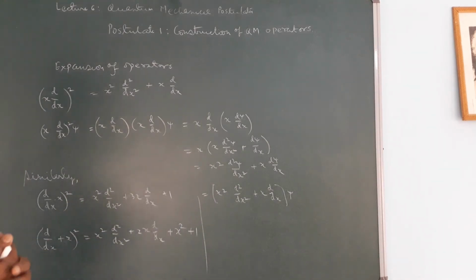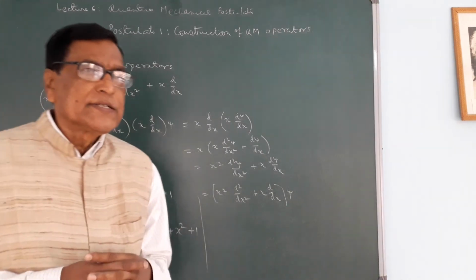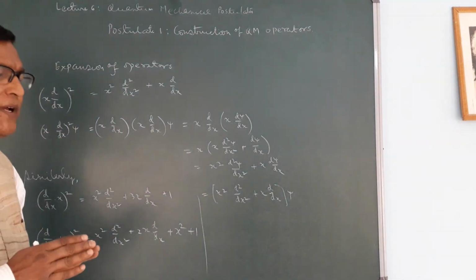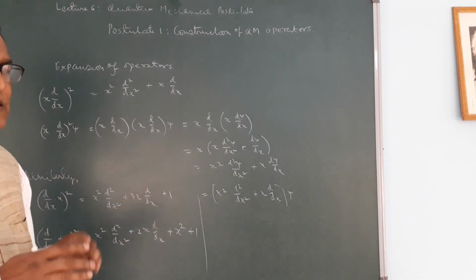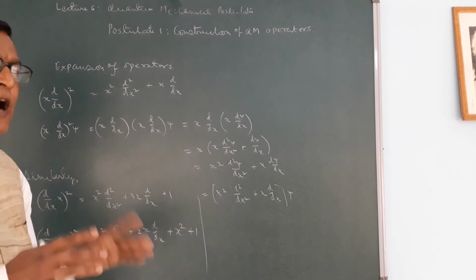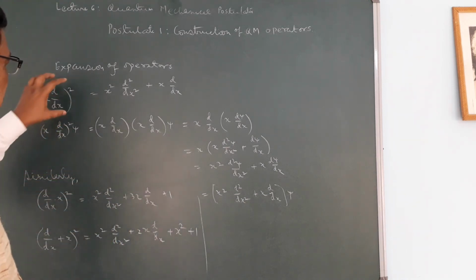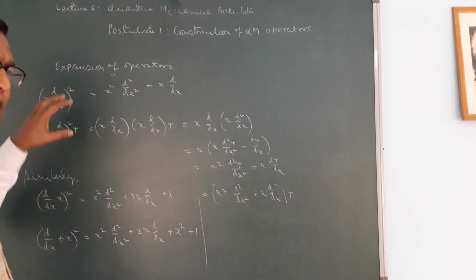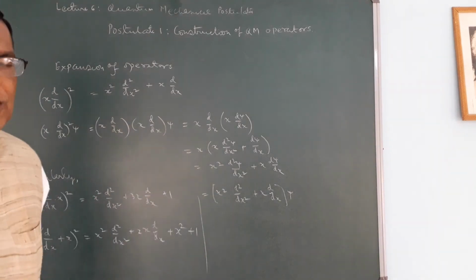Now I would like to show how the operators are expanded. Whenever we expand an operator, we have to add some function. Already I have told you an operator itself has no meaning, but whenever a function is added to this operator, it becomes meaningful.